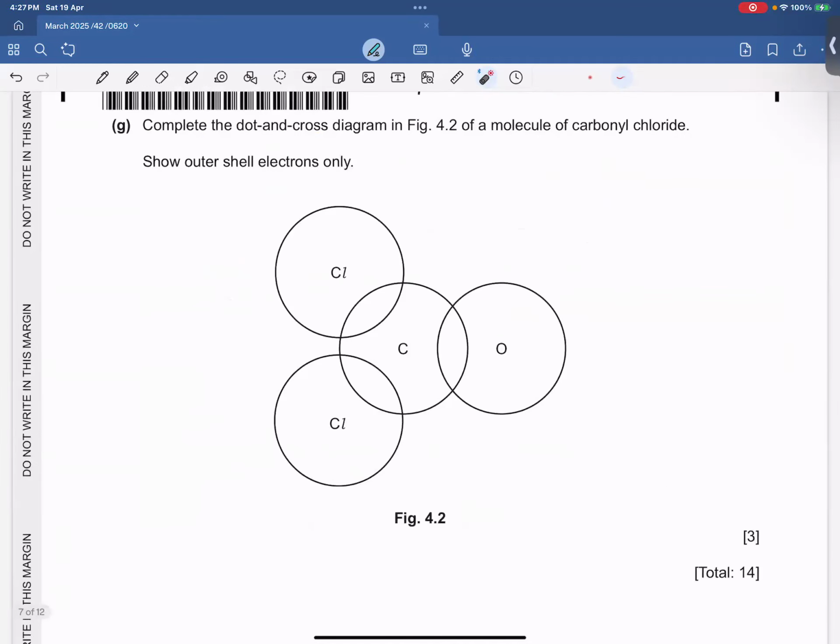Next, complete the dot and cross diagram in figure 4.2 of a molecule of carbonyl chloride. Show outer shell electrons. First thing, carbon has 4 valence electrons. Second thing, chlorine has 7 valence electrons.